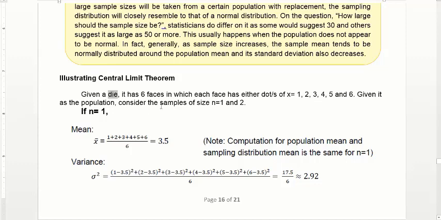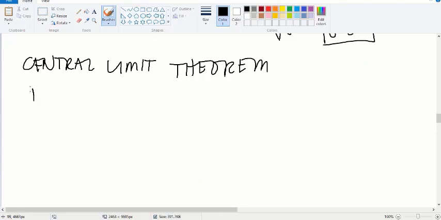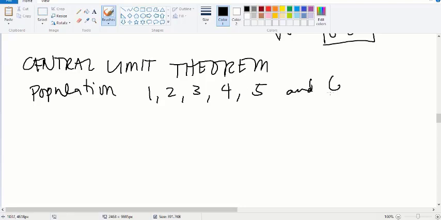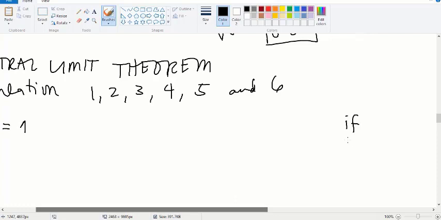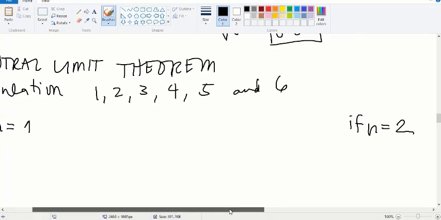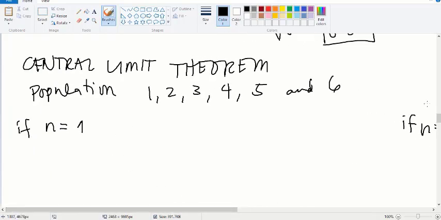Given it as a population, consider the samples of size n equals 1 and 2. Okay. Our population is 1, 2, 3, 4, 5, and 6. Consider first if n equals 1, and later I will solve for n equals 2. Let's start with n equals 1.